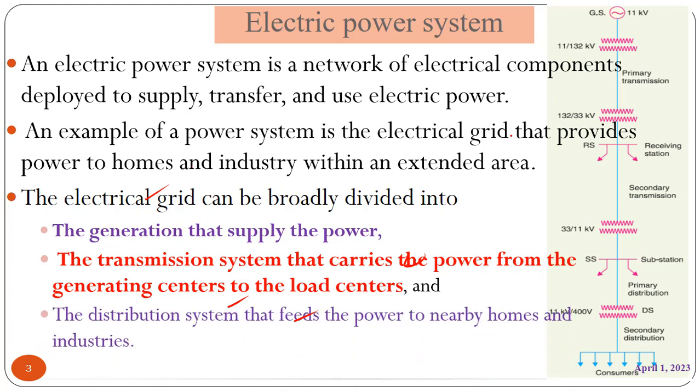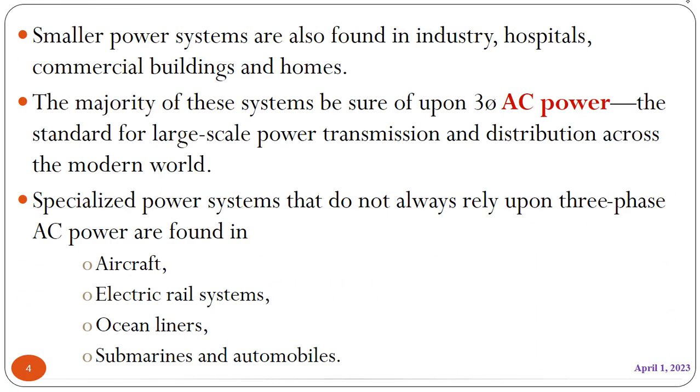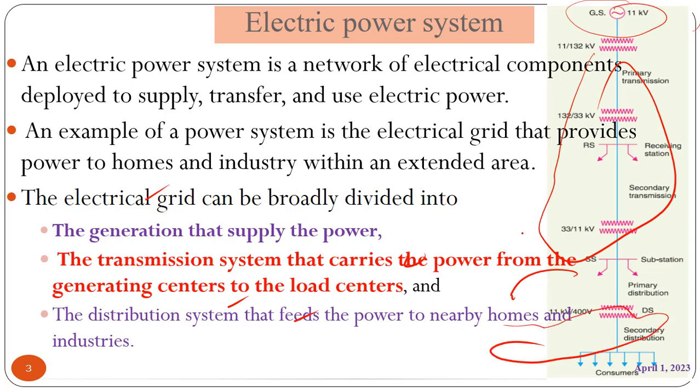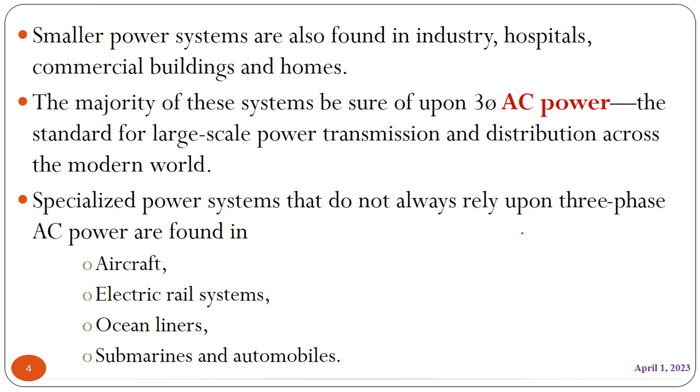The third part of the electric grid is the distribution system that feeds the power to nearby homes and industries. So in the electric grid, the generation station is here, this is the transmission station, and this one is the consumer side.